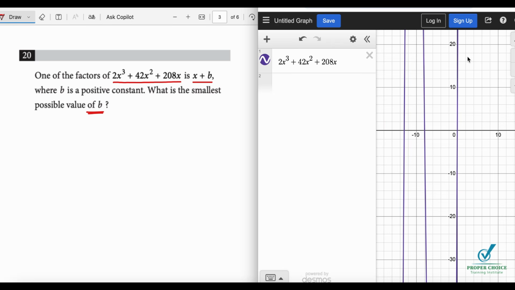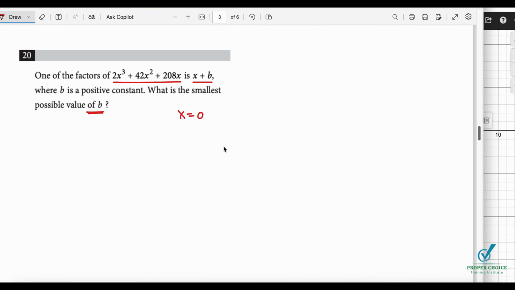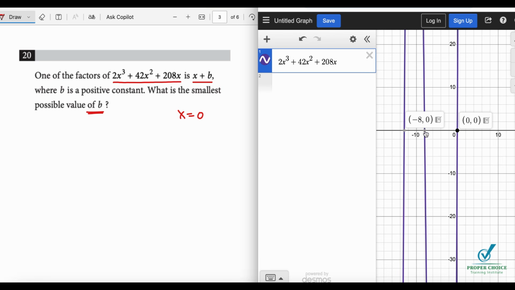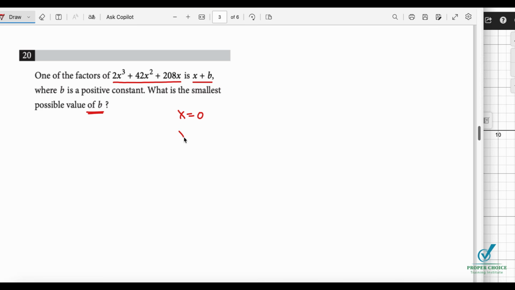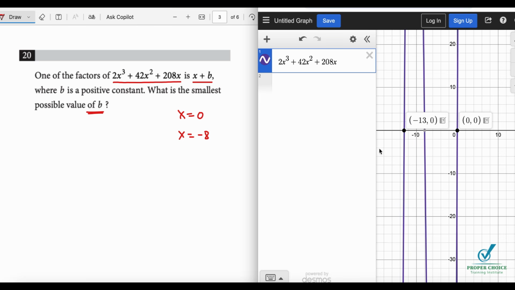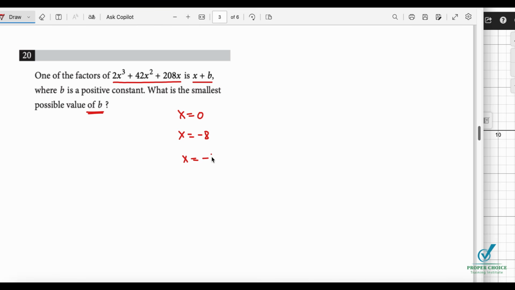We can observe the graph crosses the x-axis at 0, that is one root, x equals 0. Another one, x equals negative 8, and the third one is x equals negative 13.